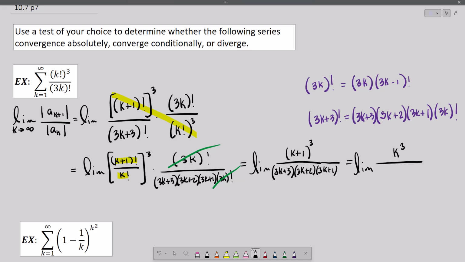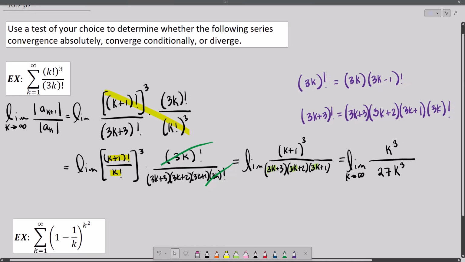27k cubed. It would be the leading term of each multiplied through. So the highest power of k is that first term. 3 times 3 is 9, times 3 is 27. And then there'd be a whole bunch of other terms that are squares and linears and constants. But when you're taking a limit at infinity, the only thing that matters with polynomials are those 2 dominant terms.